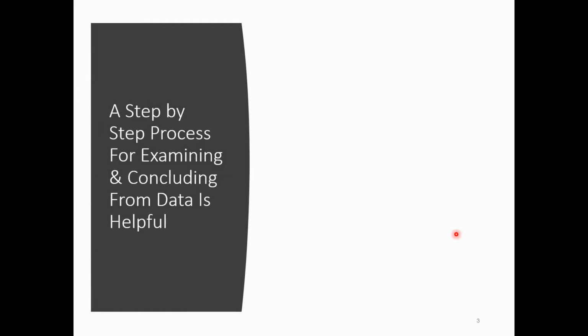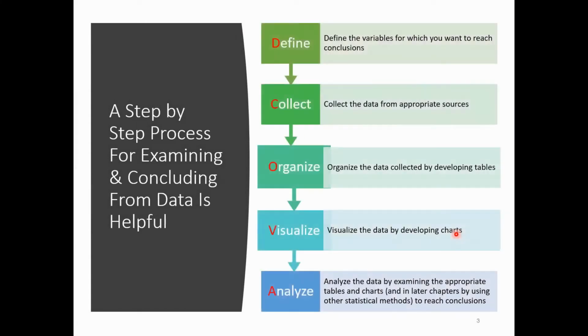Throughout this whole course module, we will be following this set of words. That is, we will first define, then collect, organize, visualize, and analyze. This is the perspective in which we will be looking at probability and statistics for business in this particular angle.